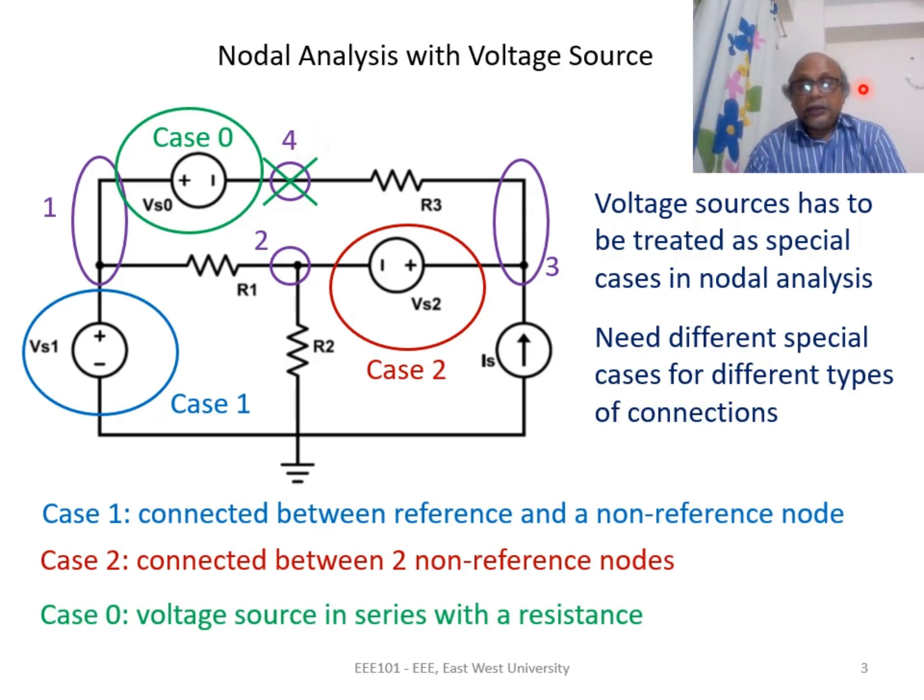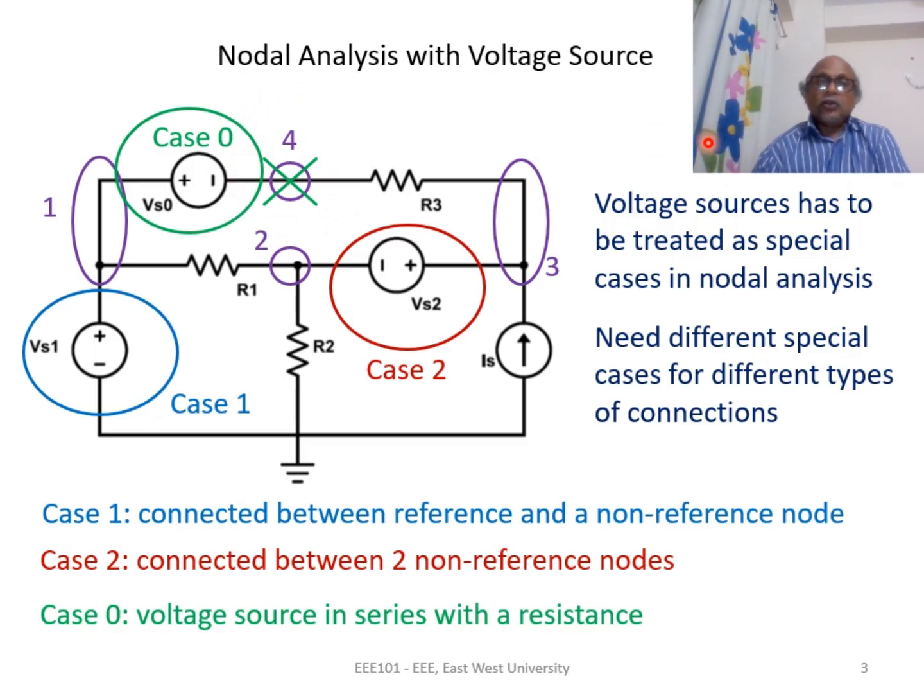It should be noted that in your textbook, there is no case 0. Your textbook has treated only case 1 and case 2. Actually, it is not essential to have case 0. Instead of case 0, we could treat voltage source Vs0 as case 2 if we had treated the node 4 as a non-reference node.